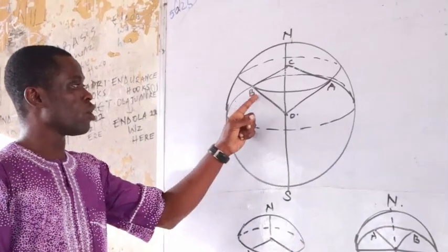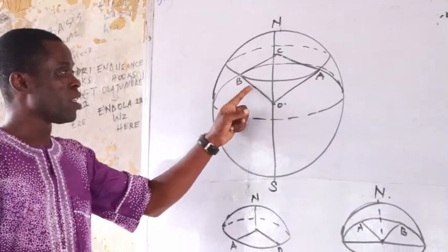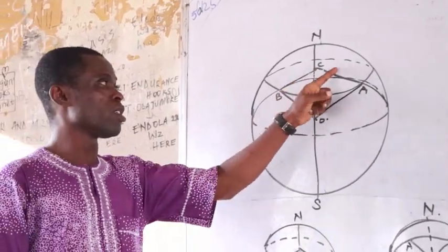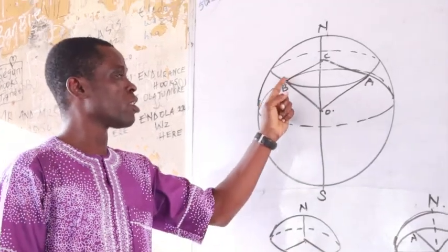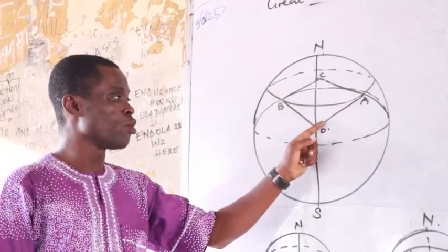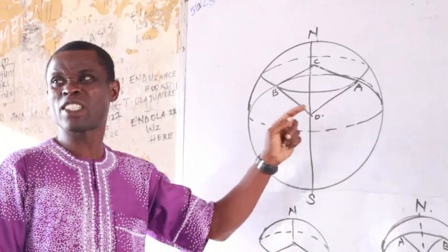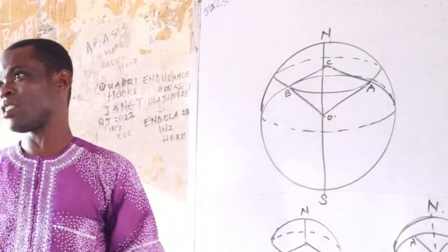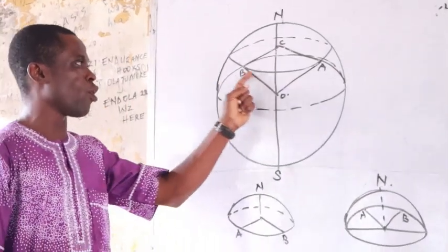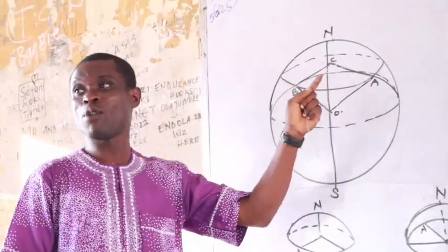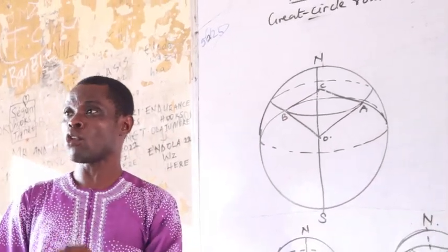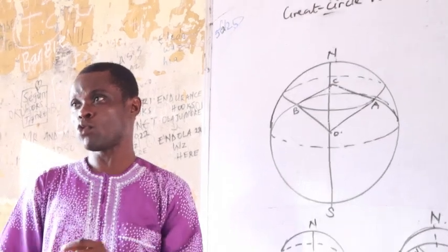Because this one is bigger, but this one is smaller, this is the shorter distance. Despite the fact that the 2 points lie on the parallel of latitude, we can still find their shortest distance, and that is what is called great circle route.